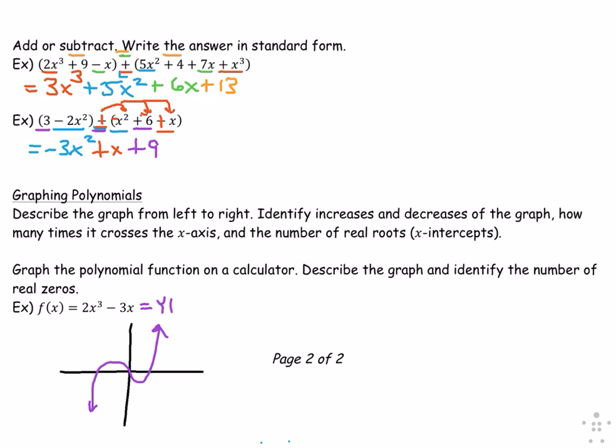Something to that effect. Now, to describe the graph, we're just going to say that, well, from left to right, it increases, so it goes up. So right here it's going up, up, up, up, up, up, like on a roller coaster, and then it's going to go down, and then it's going to go back up.